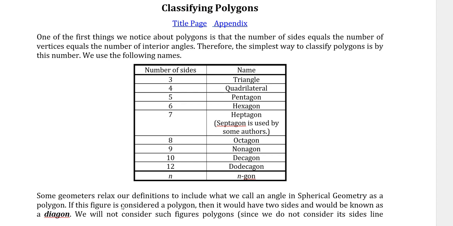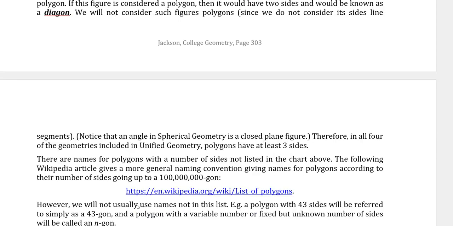It's not really a polygonal curve in spherical geometry the way we defined it, because those are rays, not line segments, for the sides. But some people would call that a digon, a 2-sided polygon. We will not consider those things polygons, in which we do not consider its sides line segments. So in all 4 of the geometries we've talked about, unified geometry, that's spherical, hyperbolic, taxicab, and Euclidean geometry, polygons have at least 3 sides.